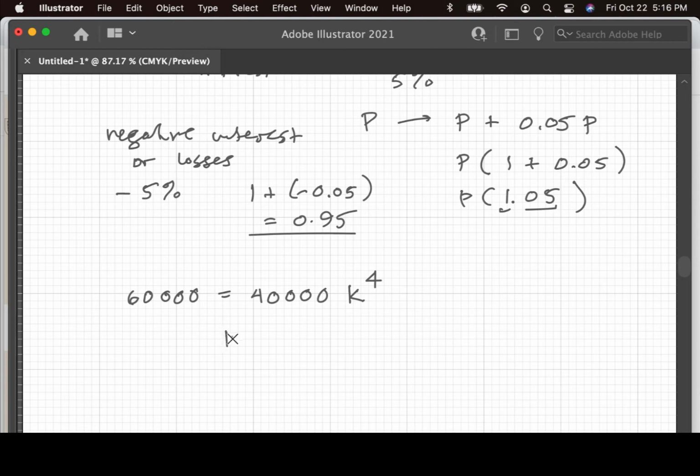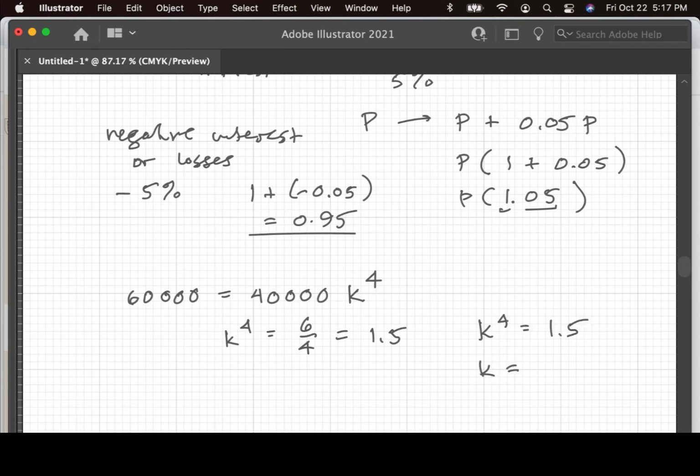So k to the 4th is equal to 6 over 4. All the zeros cross out. 6 over 4 is 3/2. That's 1.5. So k to the 4th is equal to 1.5.